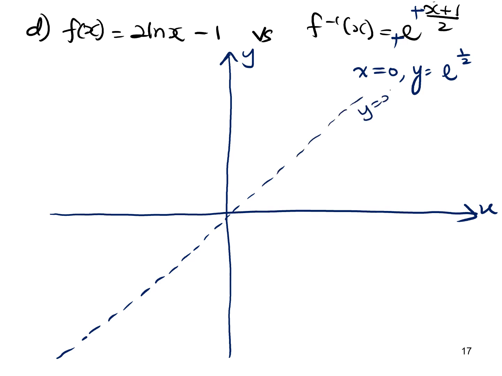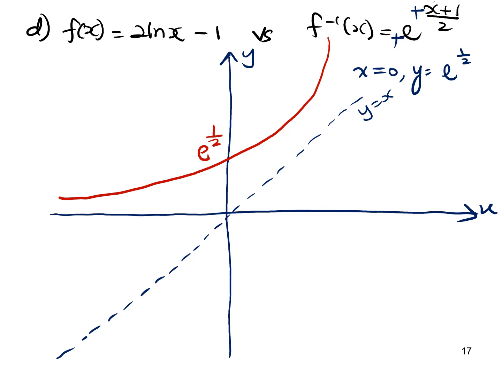And then we start with the exponential function, so positive, positive. So the graph from x and y positive, goes like this, with intercept at e to the power 1 over 2. So this is your f inverse.